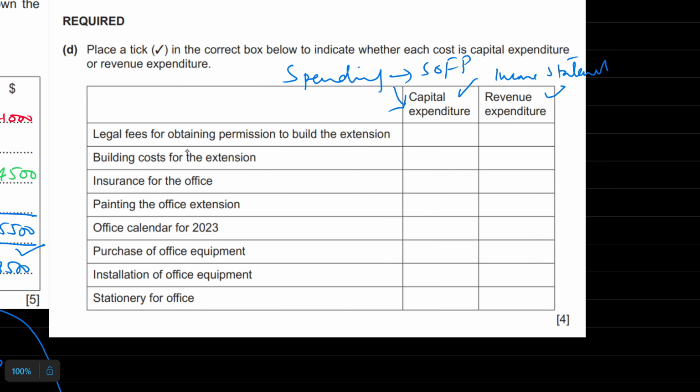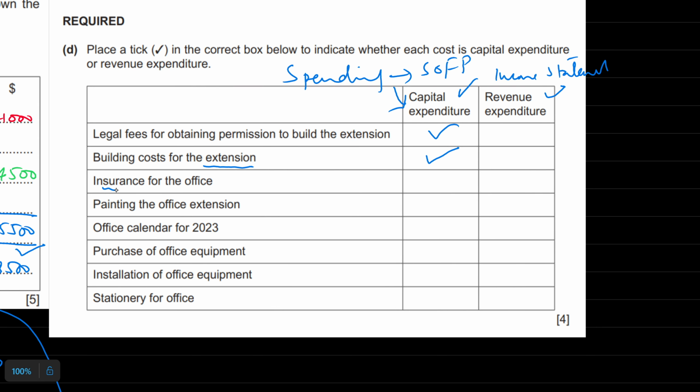So, legal fee for obtaining permission to build the extension, any non-current asset that was bought, and before use, any expenditure on that non-current asset is considered to be a capital expenditure, and that will be included in cost of that non-current asset. Building cost extension, any extension that adds value to the non-current asset is a capital expenditure.